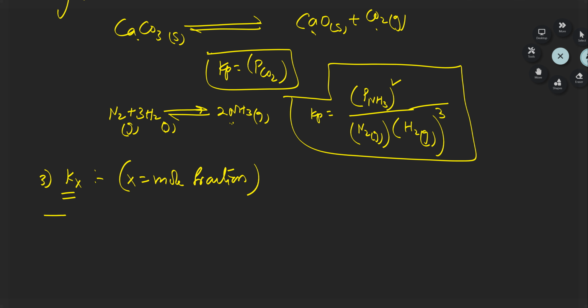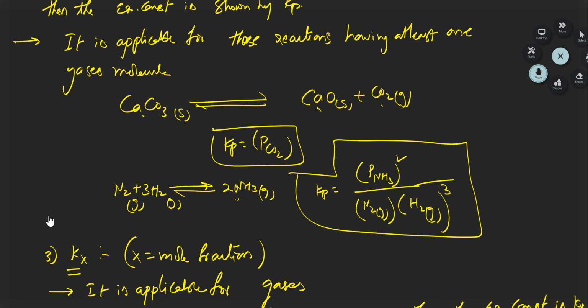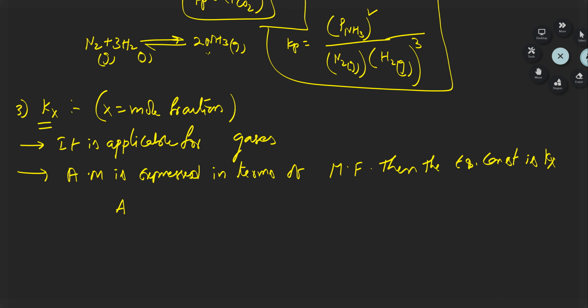It is applicable for gaseous reactions. For a gaseous reaction A gives rise to B in gases, Kx is equal to mole fraction of products by mole fraction of reactants, X of B by X of A.